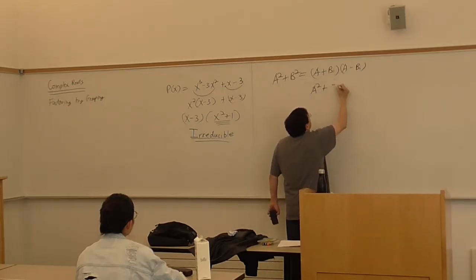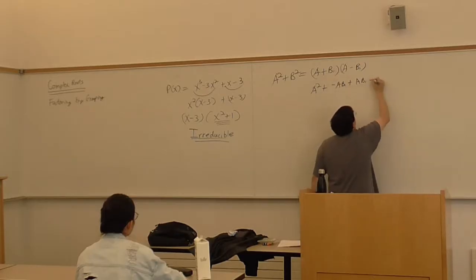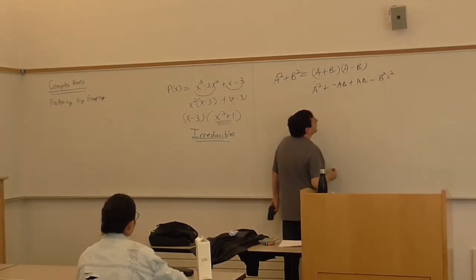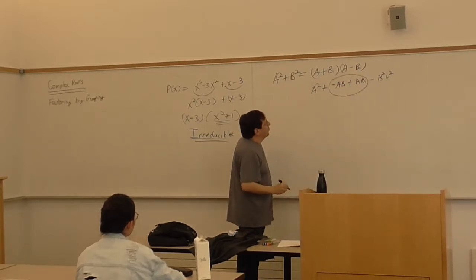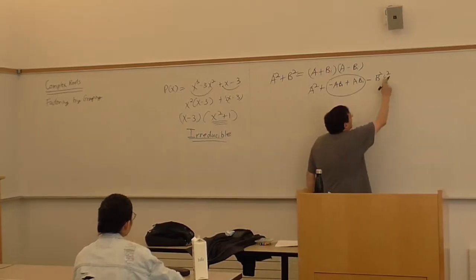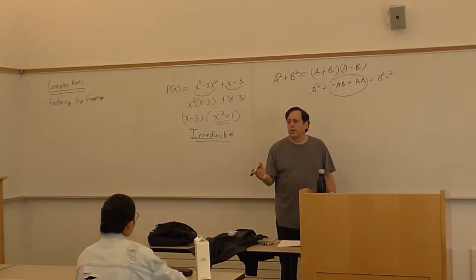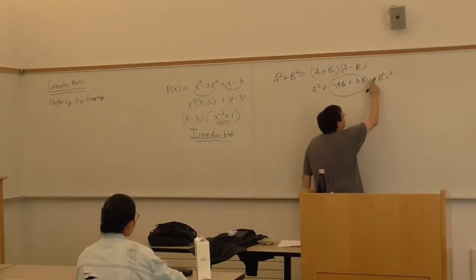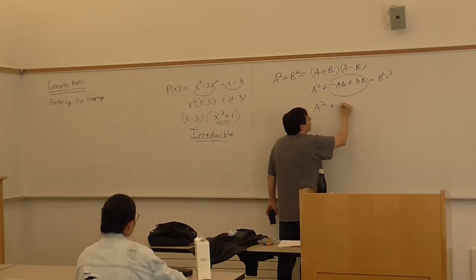The outer is minus abi. The inner is abi. And then we have minus b squared i squared. So these two terms drop out because they're opposites. i squared is minus 1, so you just get a squared plus b squared.